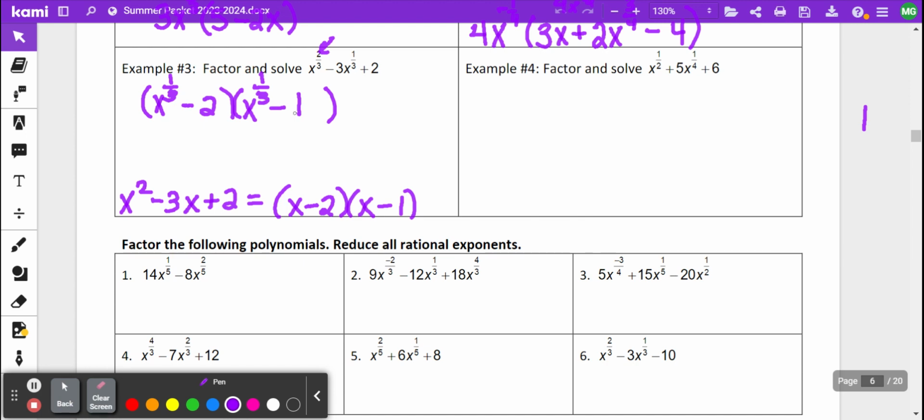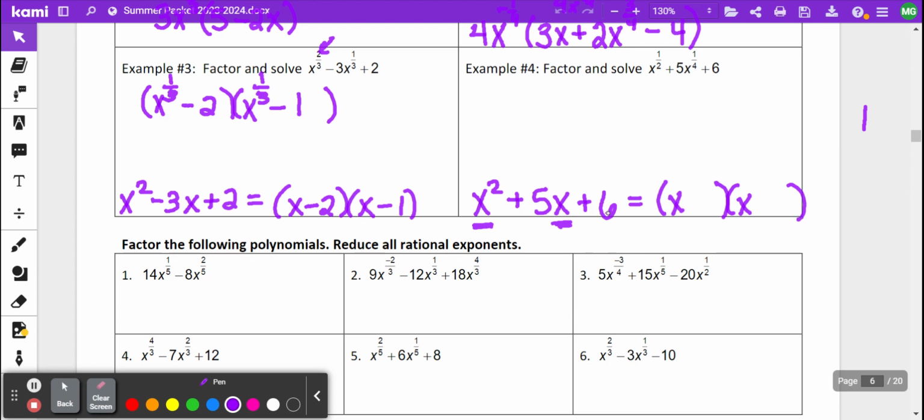So let's take a look at example number 4. And again, very similar. Let's pretend that those weren't the exponents. Let's say we had x squared plus 5x plus 6. If you had to factor that out, you'd say, well, I'll have x plus or minus something, x plus or minus something.